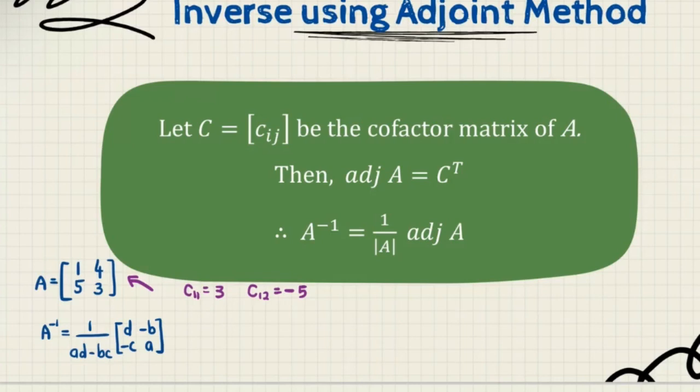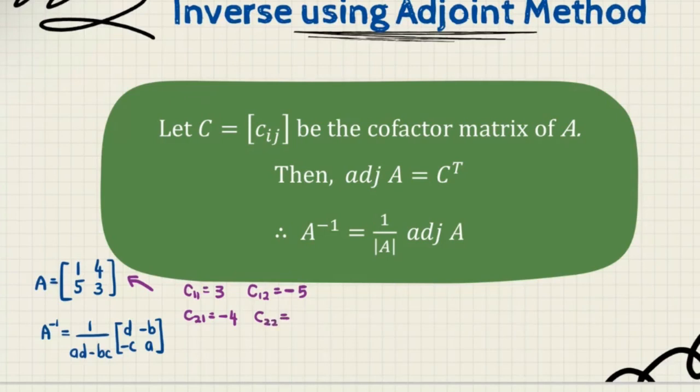Okay. Kemudian C21. C21, 2 tambah 1 adalah 3. 3 adalah odd number. Bila odd number kita ada negatif. Okay. C21 merujuk kepada second row, first column. So tinggallah 4. So kat sini kita ada negatif 4. Dan last kali C22.